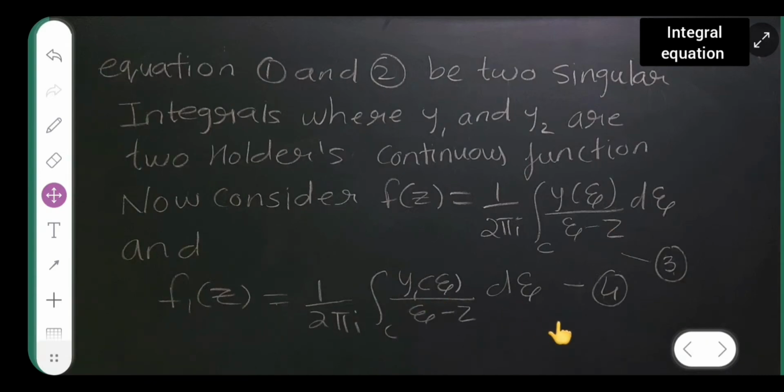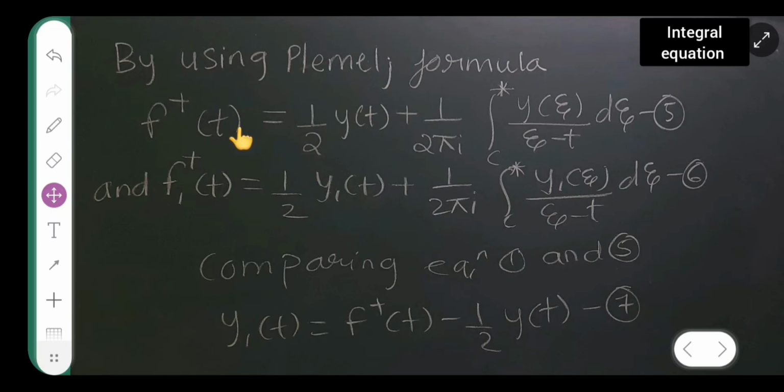Next, by using the Clemage formula. In the previous video I have already taught you what the Clemage formula is, what Holder's continuous function is, and what Holder's condition is, everything.